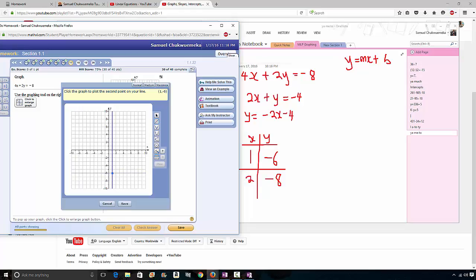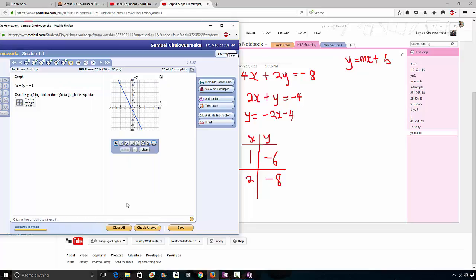Then when x is 2, y is negative 8. Negative 8 for y, and then 2 right here. Okay, this is negative 7.5. You want negative 8. Okay. When x is 2, y is negative 8. Save. Check answer.